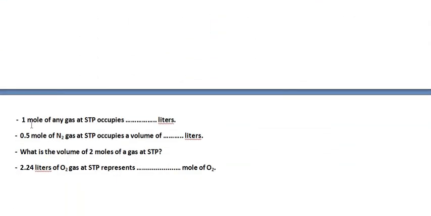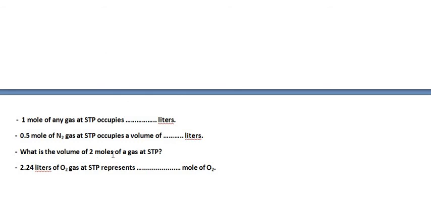To solve problems: 1 mole of any gas at STP occupies how many liters? 22.4 liters. This is the answer. Half a mole of nitrogen gas at STP occupies half of 22.4 liters, which is 11.2 liters.